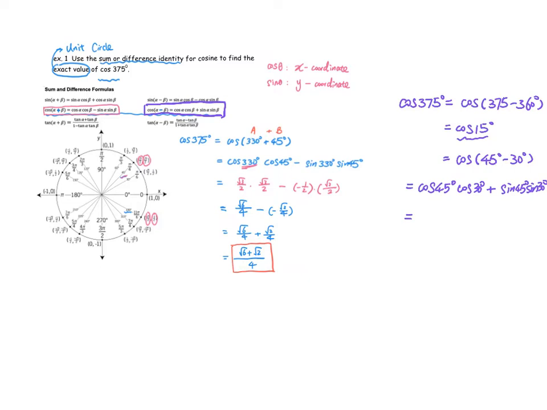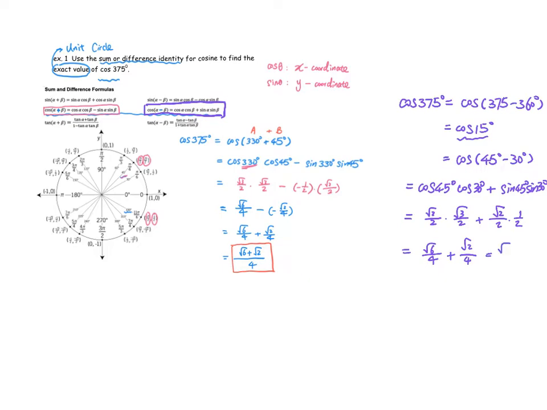Okay, you simplified it. The cosine 45 is at 45 degree, the x coordinate. And the cosine 30 is 30 degree, the x coordinate. Sine 45, radical 2 over 2, sine 30, which is 1/2. Look, you're getting the same answer.